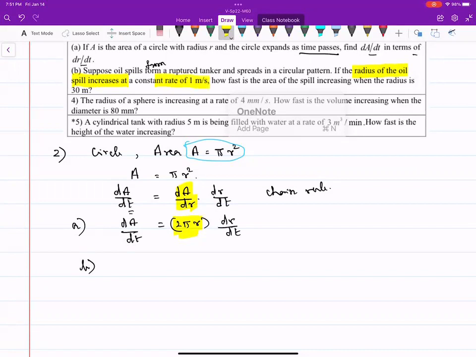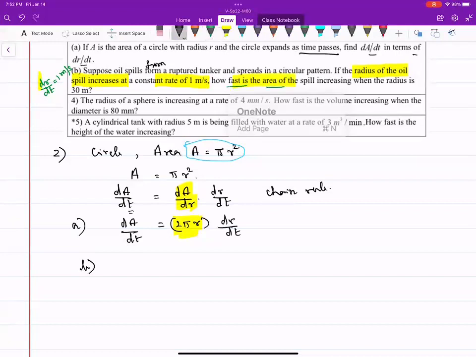The derivative of what? Derivative of the radius. So it is saying that dr by dt equal to 1 meter per second. How fast is the area?